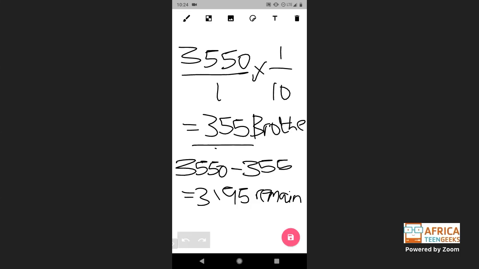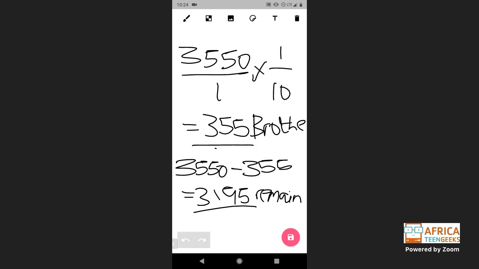So this is the remaining sheep after he has sold to his neighbor and his brother. So now he is left with 3,195 sheep.